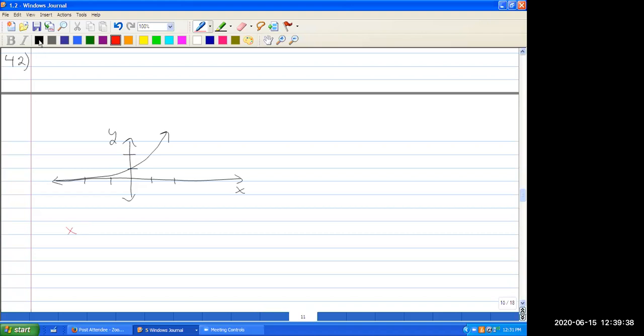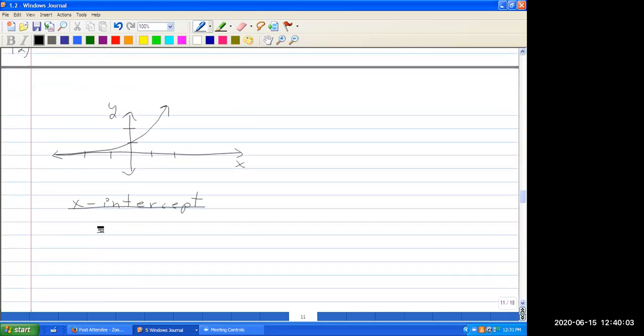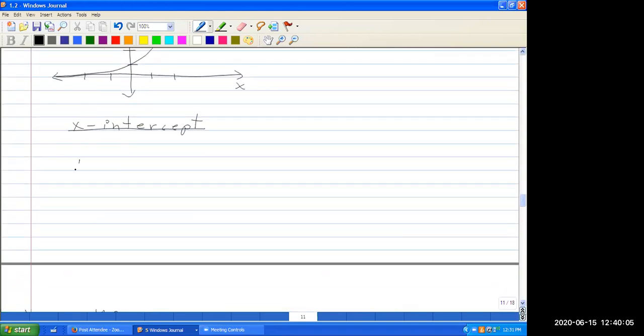So first, the x-intercepts. So the question is, does this intersect the x-axis? The answer is no. So there are no x-intercepts.